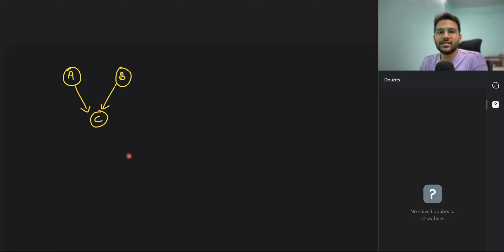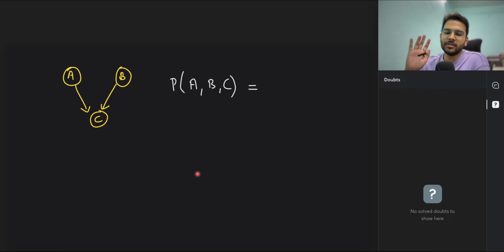Now, carefully see this. Can you write the joint probability distribution now? Just give it a try in your notes. Don't tell me in the chat section. You can just give me a thumbs up once you are done. Just try to write based on your understanding. Just try to write the joint probability distribution using the concept of conditional independence and Bayes theorem, whatever we have learned just now.